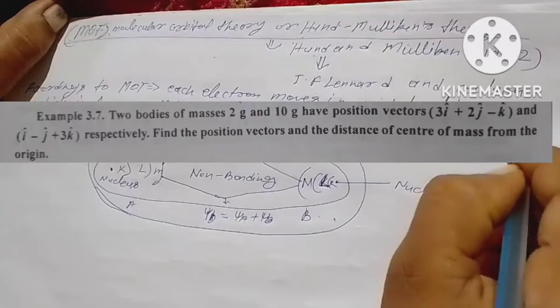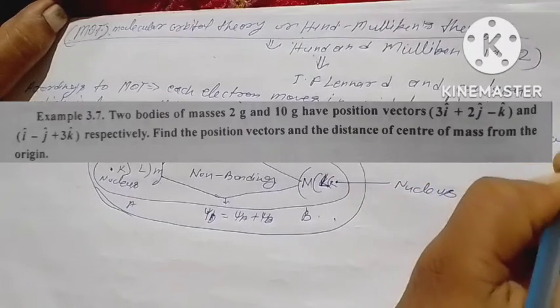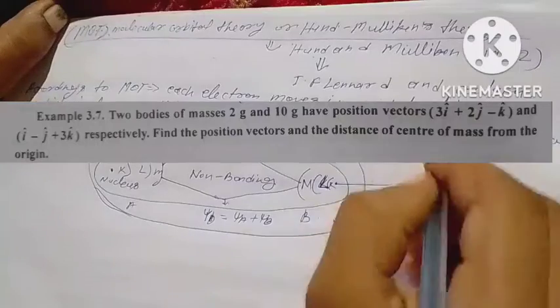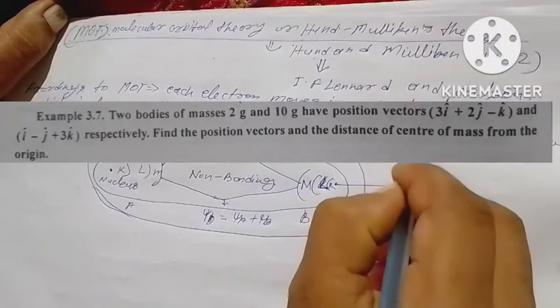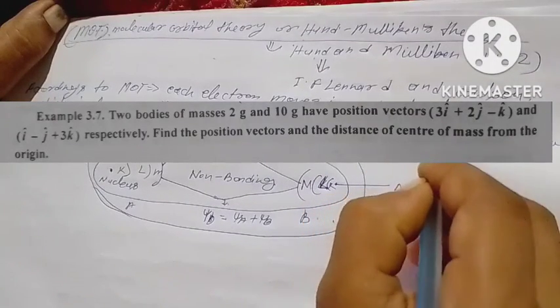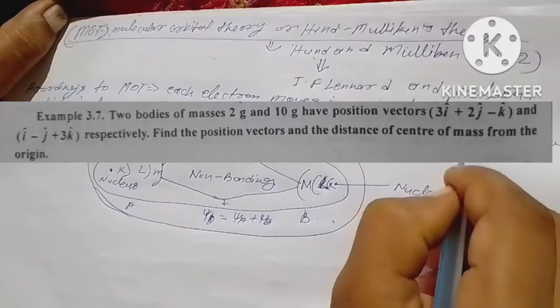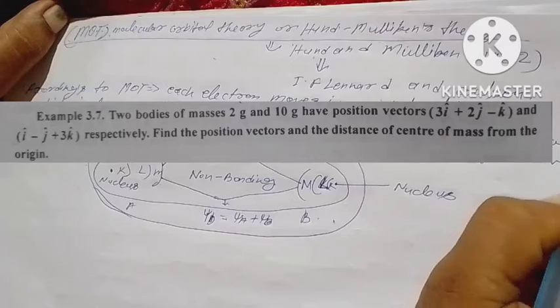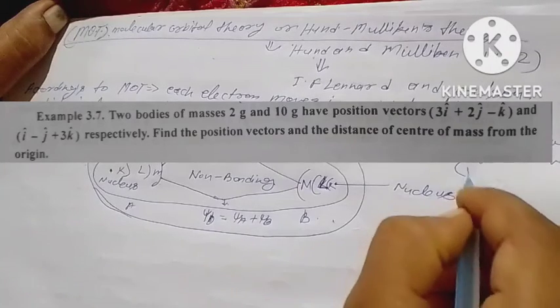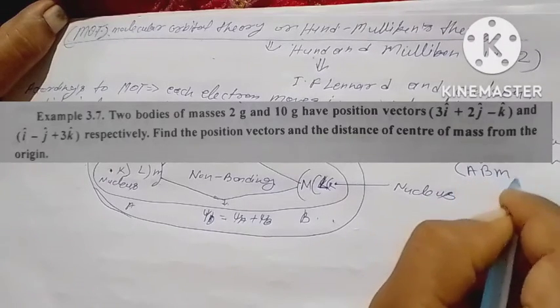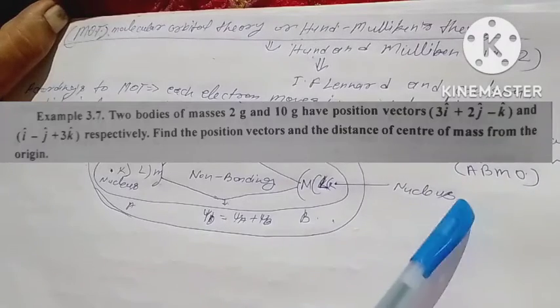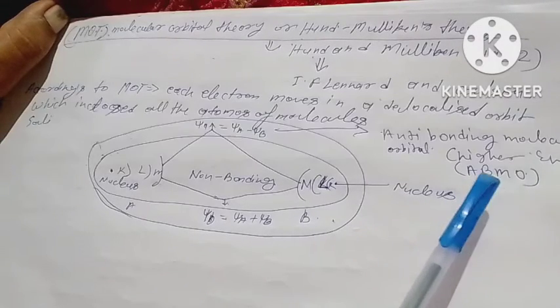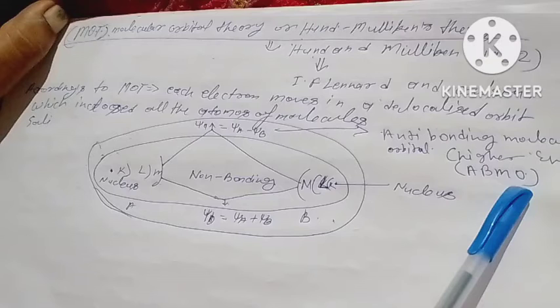This condition is satisfied in the anti-bonding molecular orbital, which has higher energy. This is ABMO, that means anti-bonding molecular orbital.